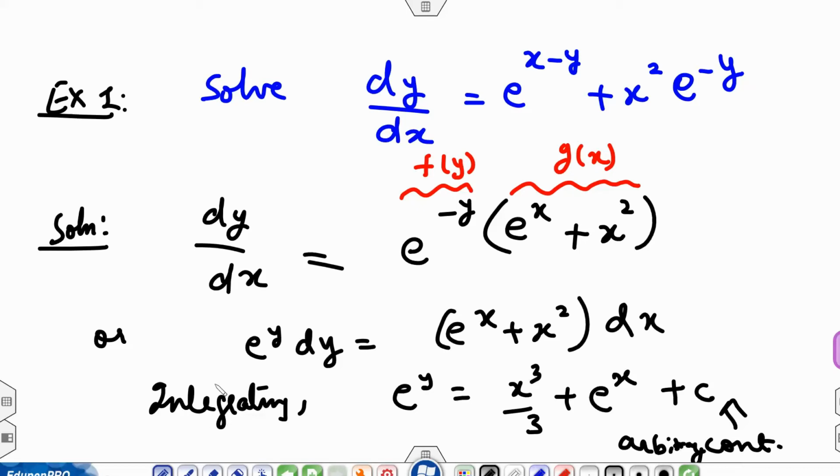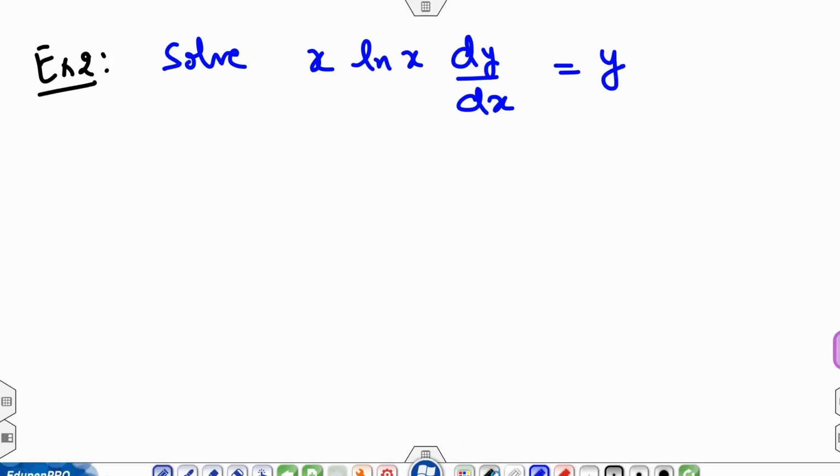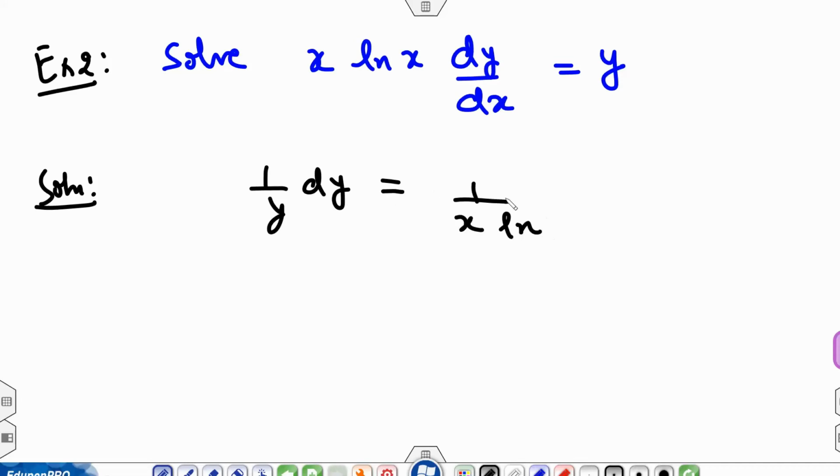So now let us do a few more examples on this method. So example 2, solve this differential equation. Okay, so now you can see that again what I can do, I can write this differential equation in this form, taking the functions of x and dx on one side and functions of y and dy on the other side.